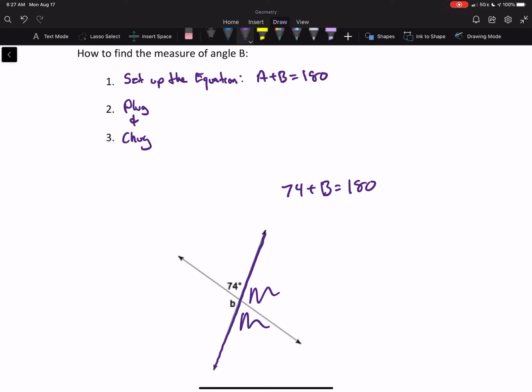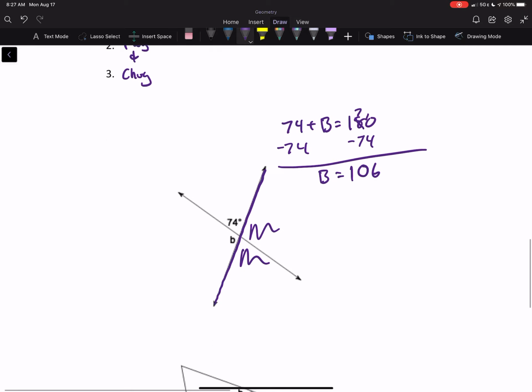Do some algebra, subtract 74 from each side. I'll go ahead and show you the math here. I'm going to borrow, so 10 minus 4 is 6, 7 minus 7 is 0, 1 minus 0 is 1. So it is 106 degrees. You can check that by saying 106 plus 74 would be 180, and that makes sense.